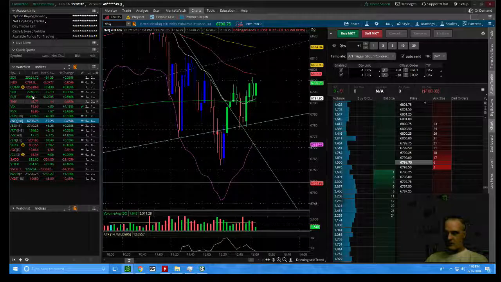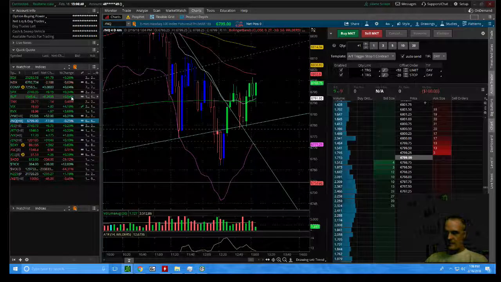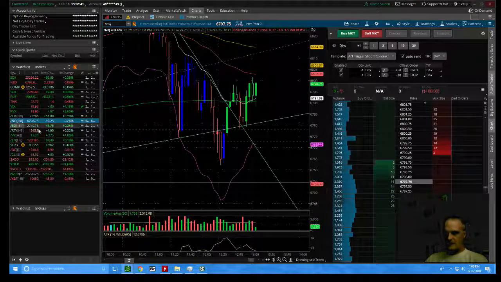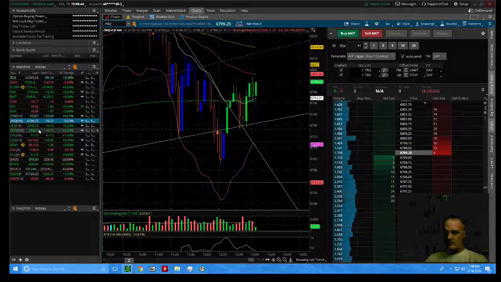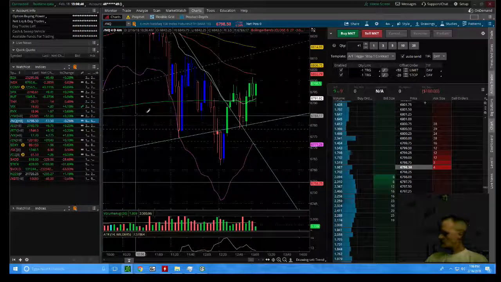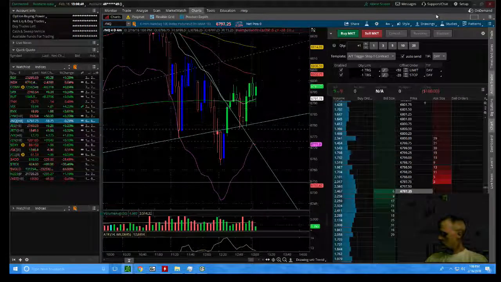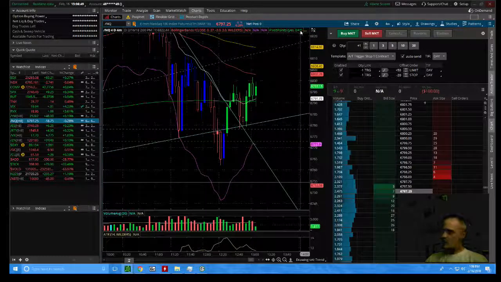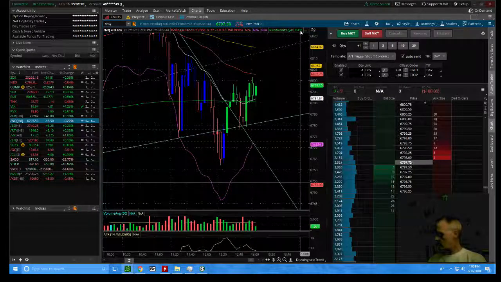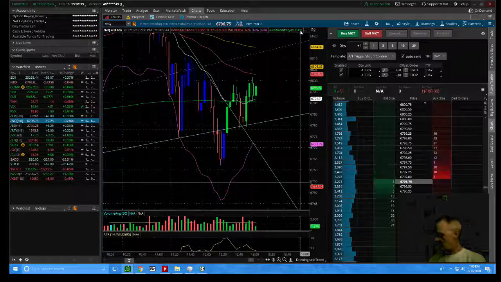The encouraging thing is that the Russell is right now the best performing index in the cash markets, as well as the futures. So that's my IWM or IJR, which is the one I had before.